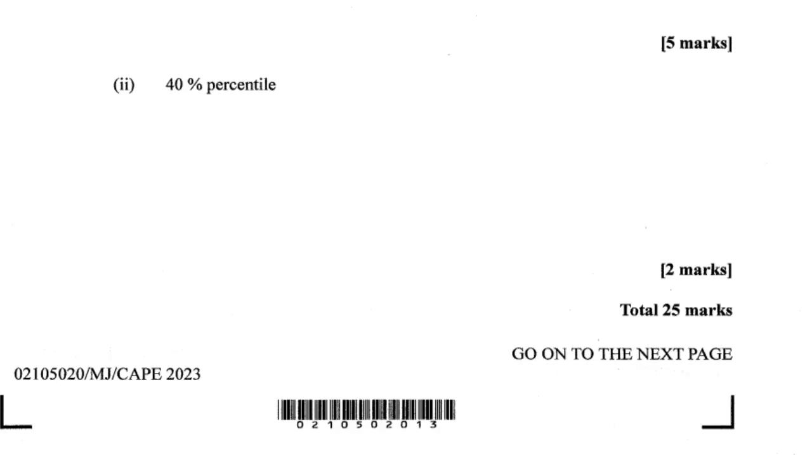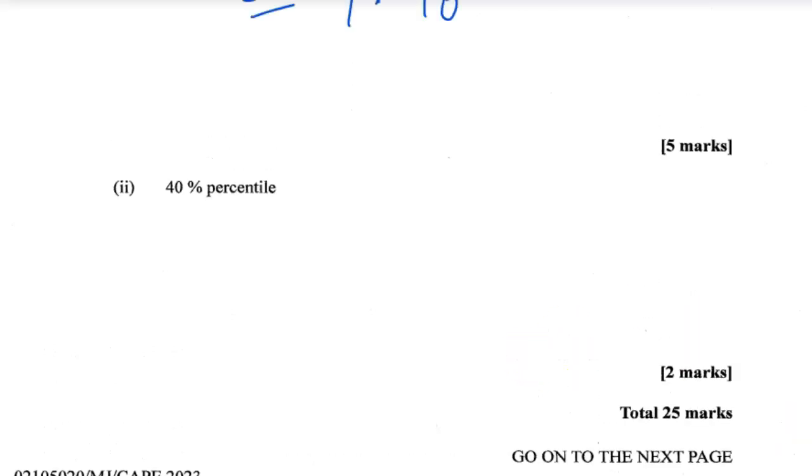The 40th percentile. Alright, the 40th percentile. We have a formula for the 40th percentile. The percentile formula is n plus 1 times p over 100.